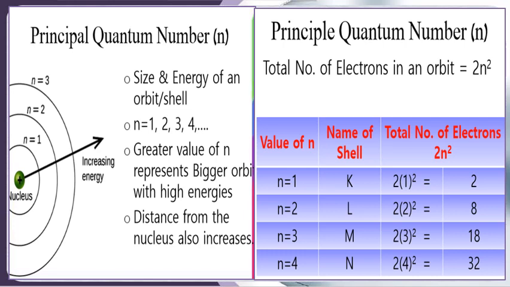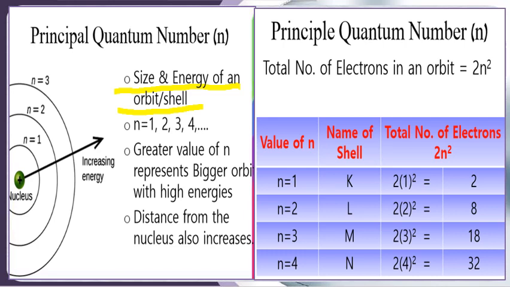Now the first one to be explained is the principal quantum number, that is represented by small n. It actually tells you about the size and energy of an orbit or a shell. n is the number of orbits in which an electron can reside around the nucleus.